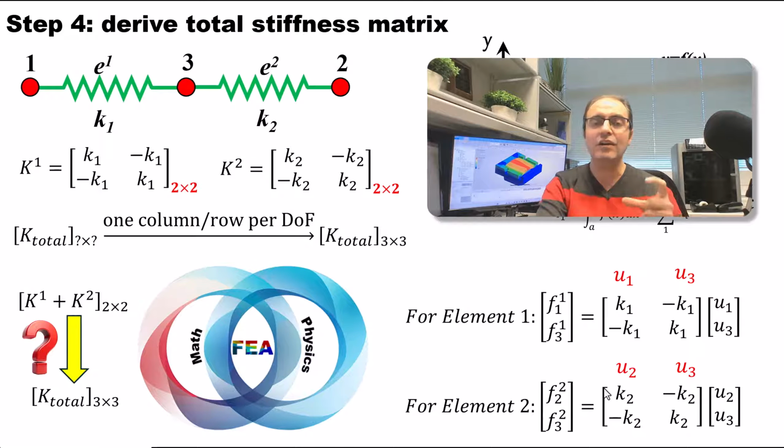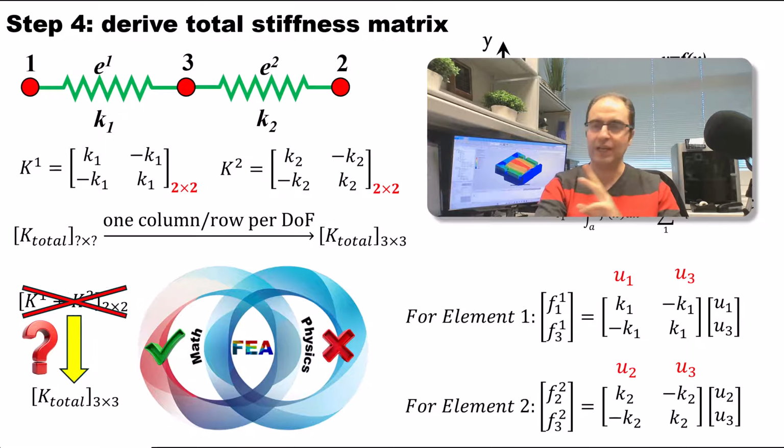You can see that they are associated with different degrees of freedom. So while mathematics says you're good to go, physics will tell you no, you can't, because they don't have the same nature. They are physically not equivalent, so you cannot add them up.